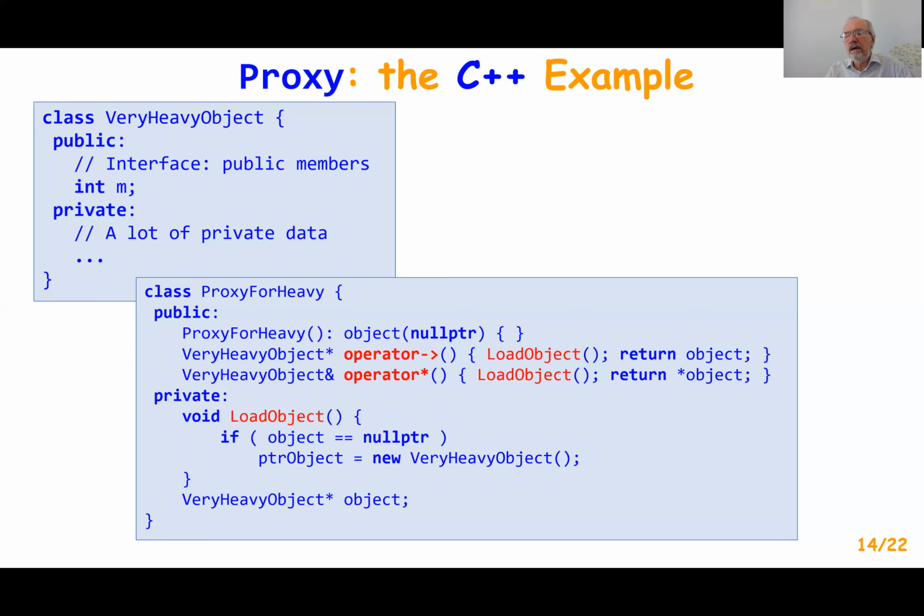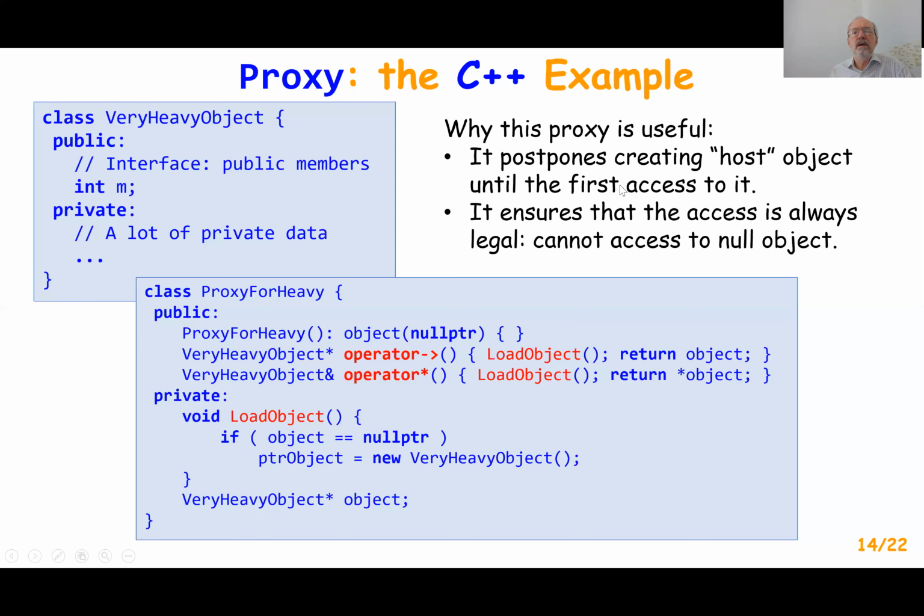That's basically it about proxy. Why is this proxy used? A couple of comments. It postpones creating the host object until the first access to it, as I have already said, and it ensures that access is always legal. We just cannot access a null object because there is no null object in our code.